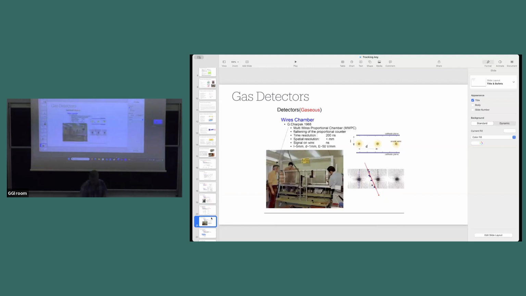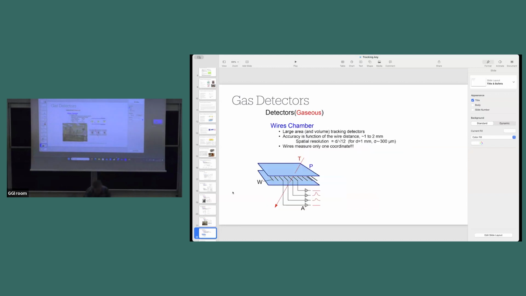Over the years, they've tried to make advancements to improve the resolution. In the 1970s, there was a big evolution of this. Charpak won the Nobel Prize for the development of wire chambers, in which you have multiple wires, or wires crossing each other, in order to improve the resolution and the rates of these detectors.